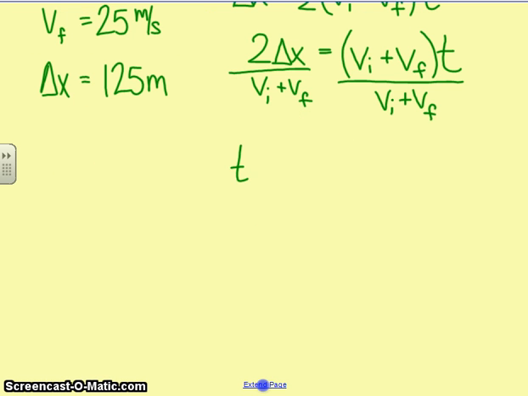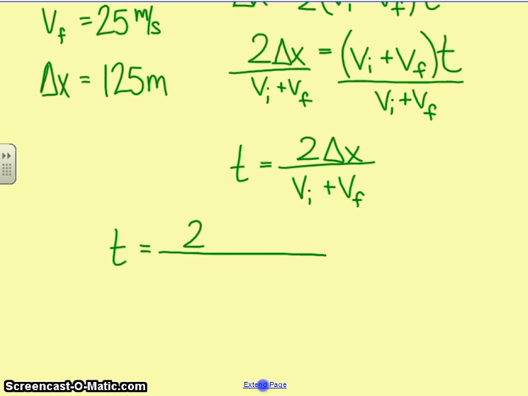So I get that time is equal to 2 times displacement divided by the initial velocity plus the final velocity. It's now time for me to plug numbers in. 2 times 125 meters divided by 15 meters per second plus 25 meters per second.